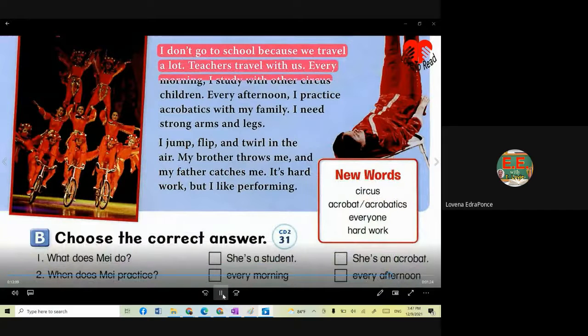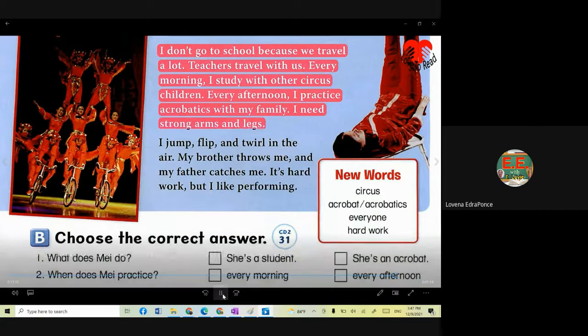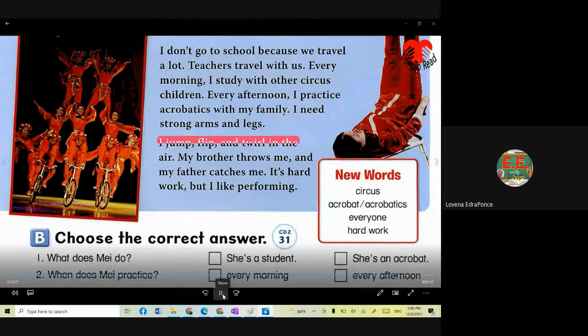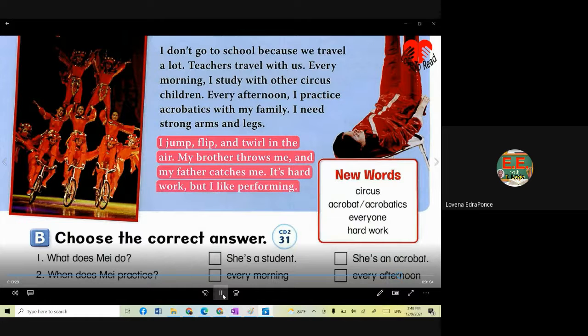Every morning, I study with other circus children. Every afternoon, I practice acrobatics with my family. I need strong arms and legs. I jump, flip, and twirl in the air. My brother throws me and my father catches me. It's hard work, but I like performing.